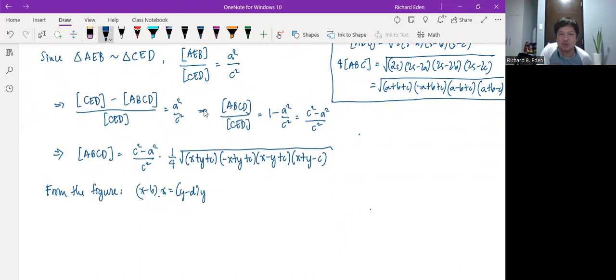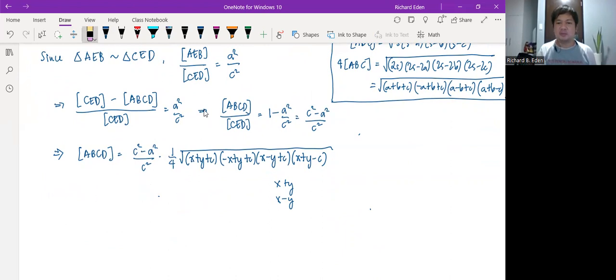We need to come up with expressions for X plus Y and also X minus Y. Even if we can't figure out what X and Y are, we need X plus Y and X minus Y, because these are the two expressions which appear inside that square root. And from this identity, I just don't have an easy way of coming up with an expression for X plus Y and X minus Y.